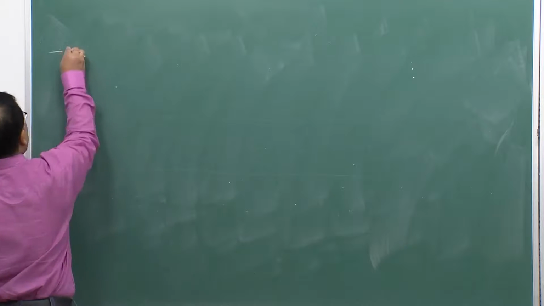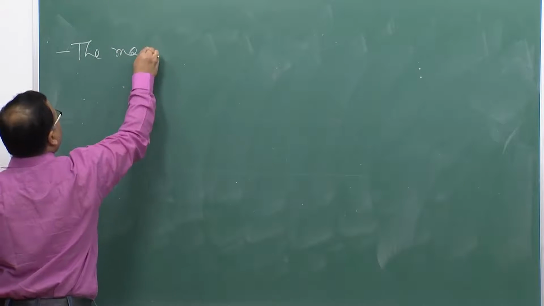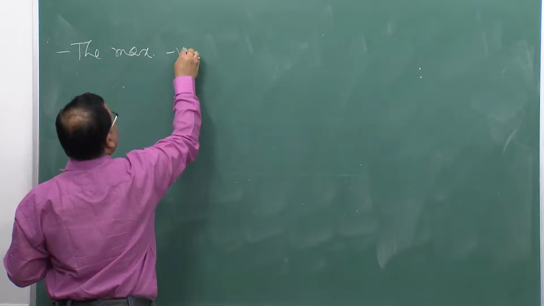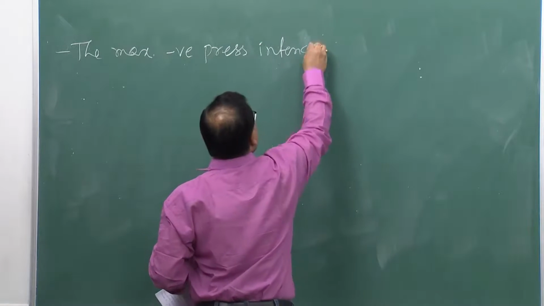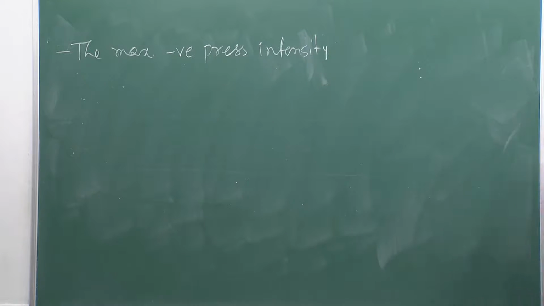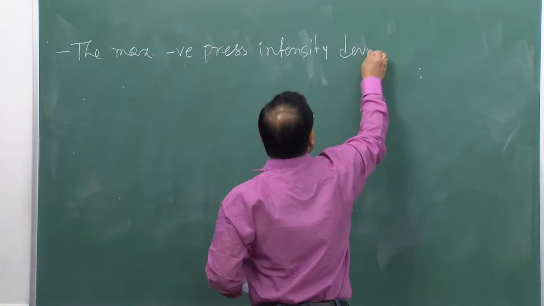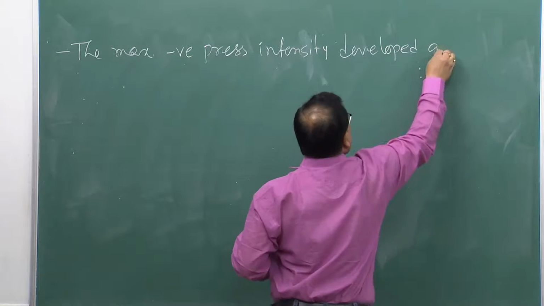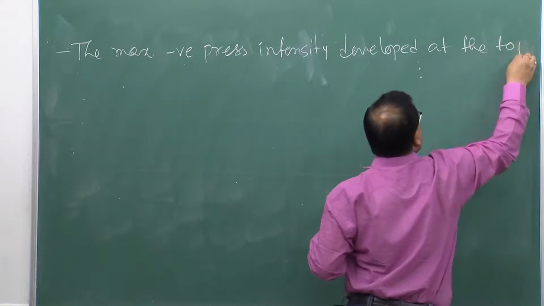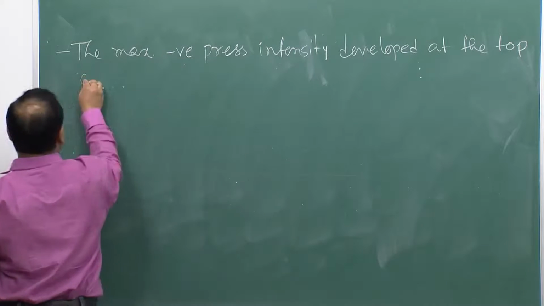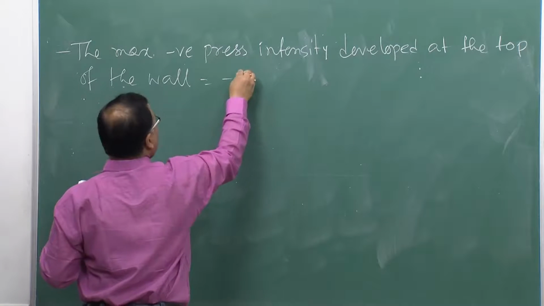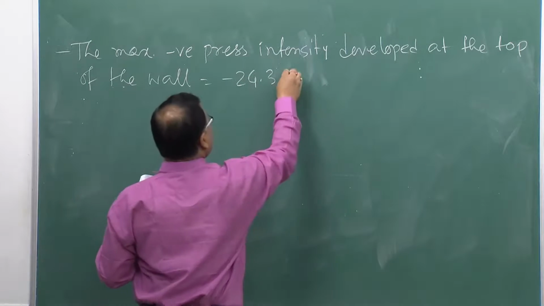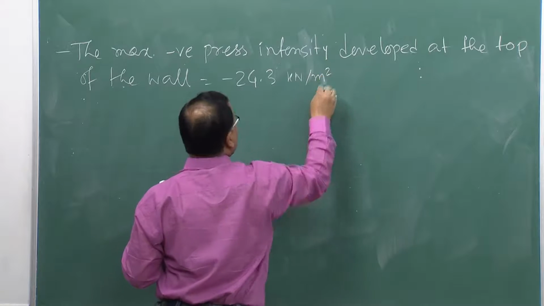The maximum negative pressure intensity developed at the top of the wall is equal to minus 24.3 kilonewton per meter square. Already we have calculated and seen that.